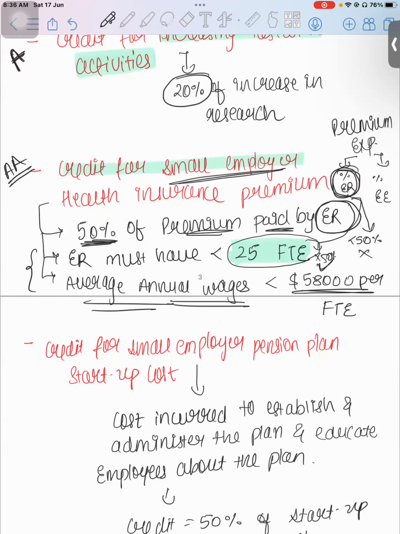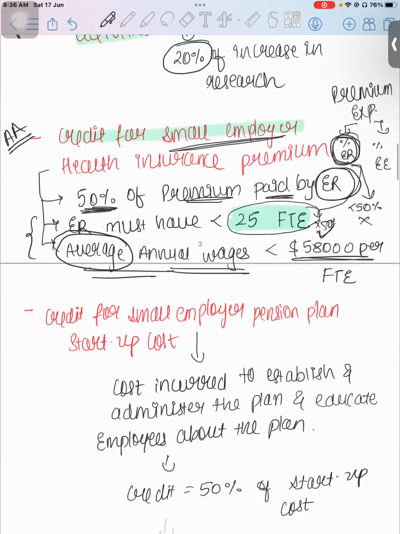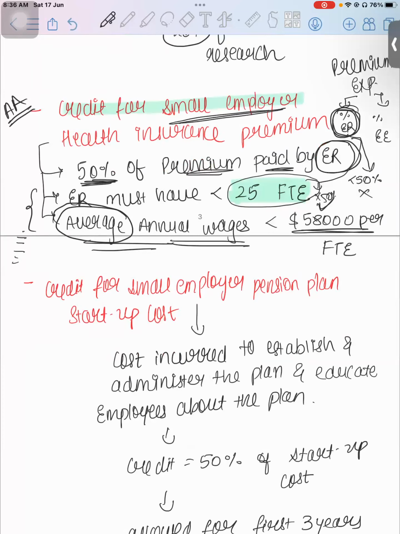Now here it's the annual average. What do you mean by average? Whatever amounts you have paid in all the 12 months, take the total and divide it by 12 months. But remember one thing, sometimes in the middle of the year, let's say in June or July, the employee gets an increment.